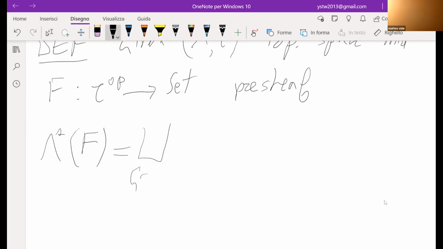So what is it? Well, the base space is changing. It's not X anymore. It's the Stone space of the regular open sets of X. What are the stalks?